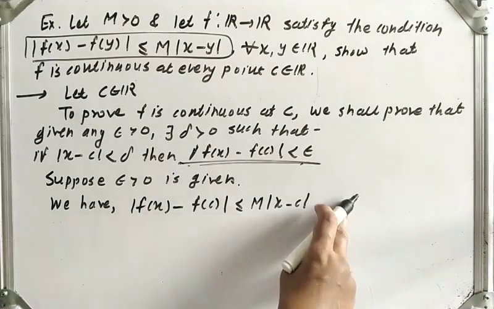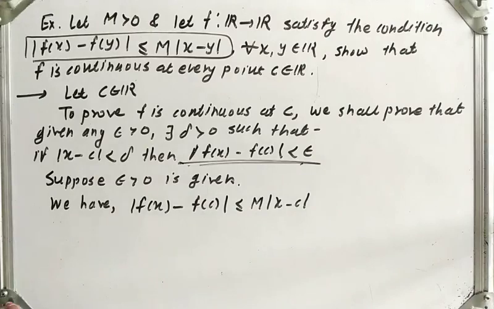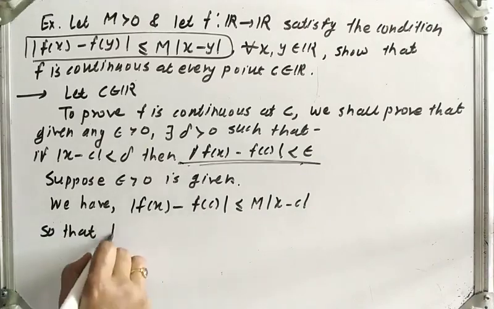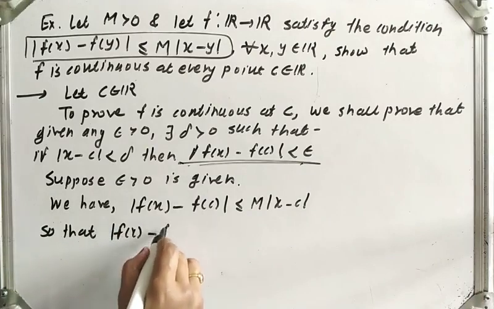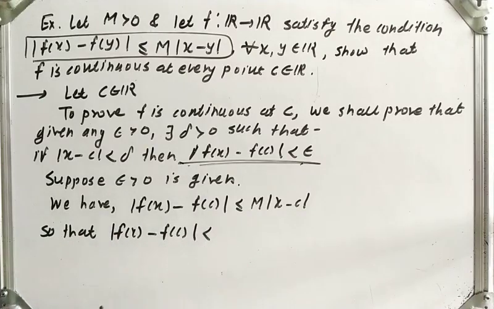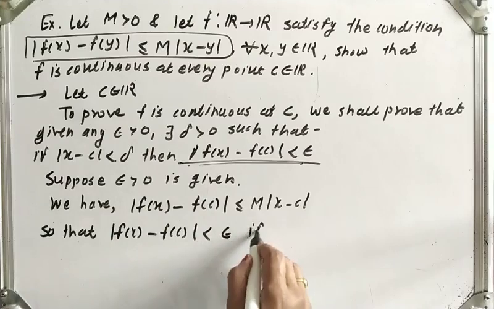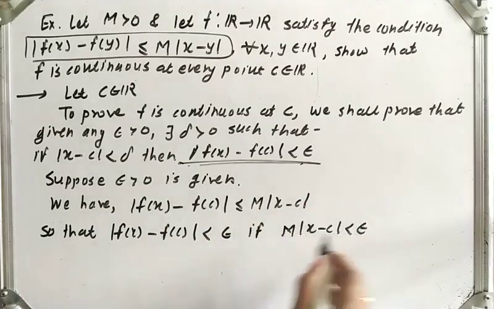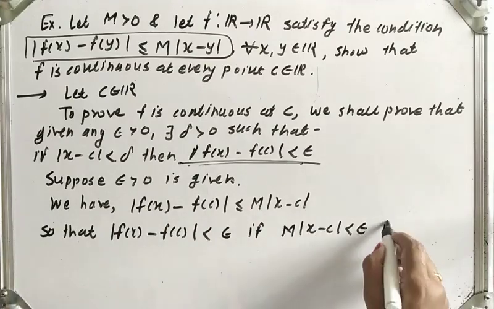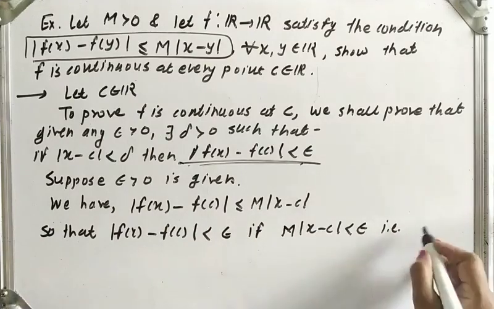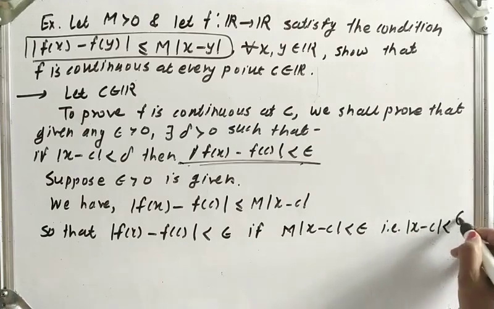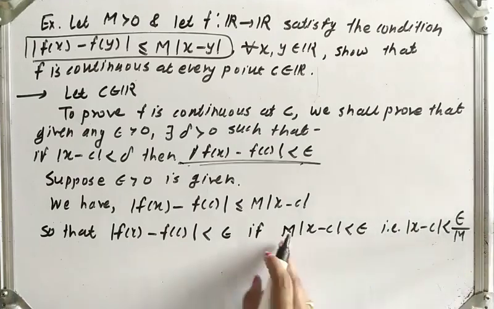So we can write that mod of f(x) minus f(c) is less than epsilon if m into mod of x minus c is less than epsilon. That is, if mod of x minus c less than epsilon upon m. Let us shift this m here.